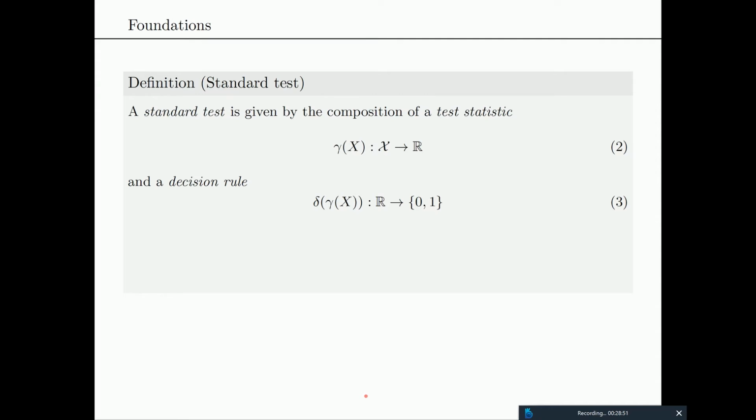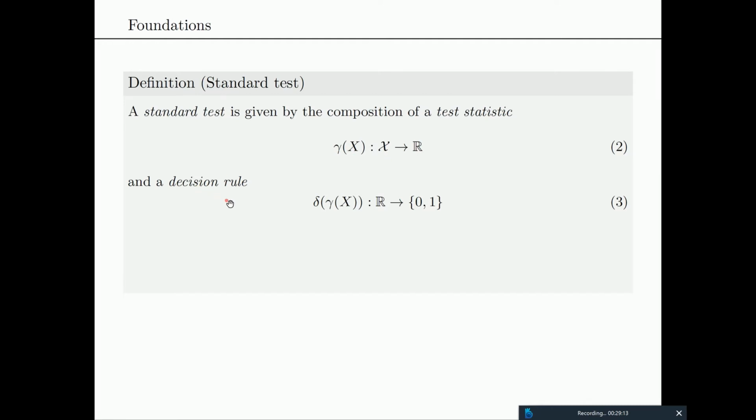So what is a standard test? A standard test is like a t-test. A standard test uses a test statistic and a decision rule. So a standard test first evaluates some test statistic, gamma, which you can think in the back of your head like the t-statistic.